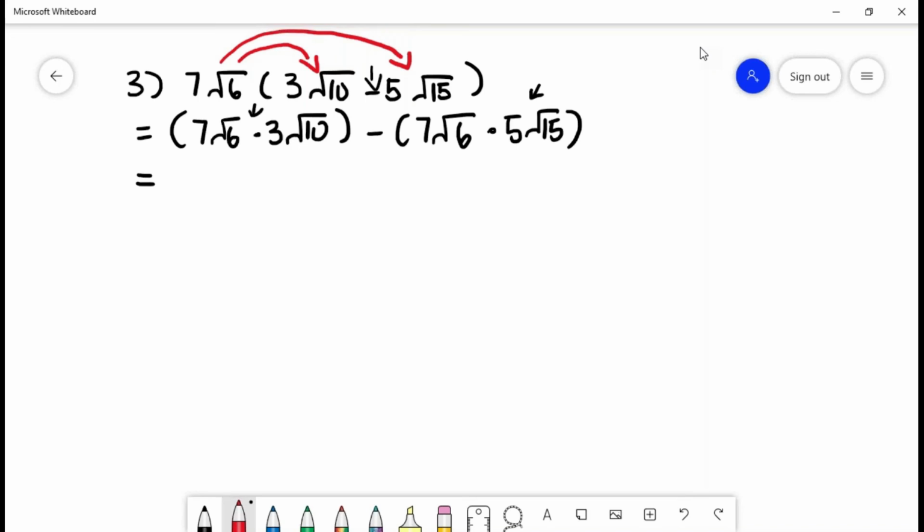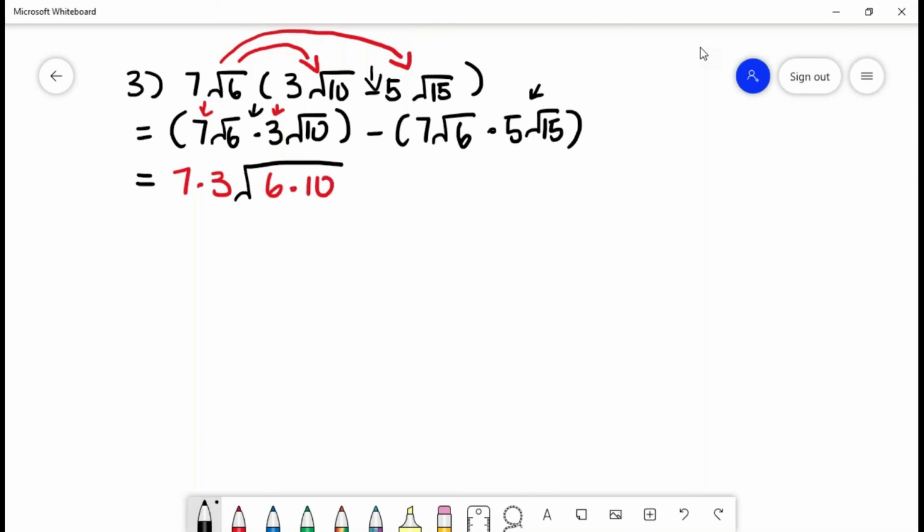So in order to multiply, we know that we have the two values on the outside of the radicals. We have 7 and 3, so multiplying those, 7 times 3. And inside of the root, we have 6 and 10, so we have to multiply 6 and 10 as well.